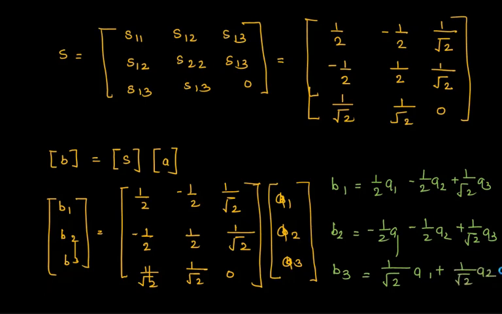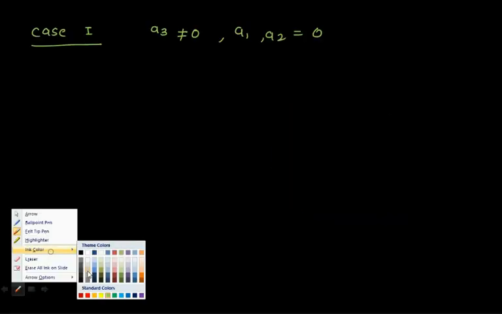So we'll consider the first case, in which A3 is not 0, and A1 and A2 are 0. This means that you are giving input to port number 3 and not giving any input to port number 1 and port number 2.